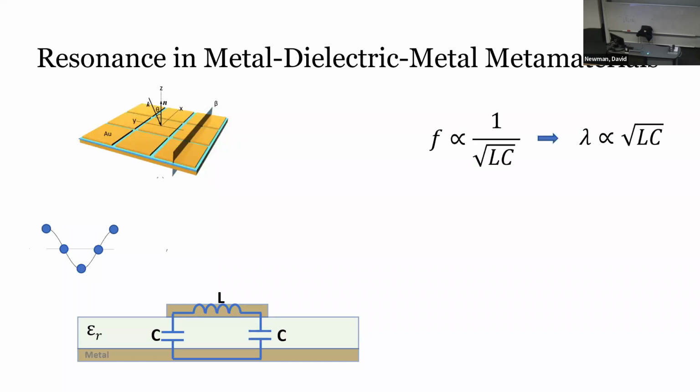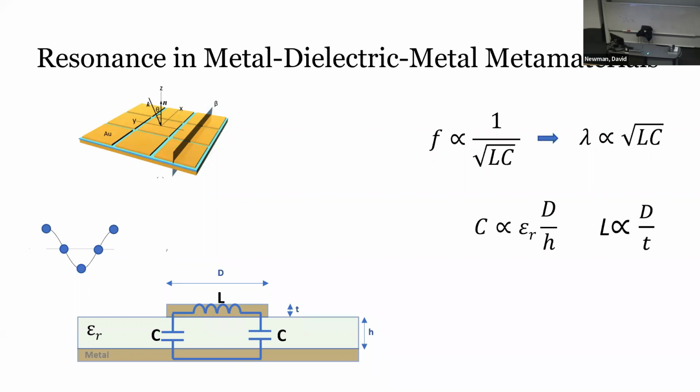The frequency of an LC circuit is 1 over 2 pi root LC. So the wavelength is roughly proportional to 1 over the square root of LC. The capacitance, when the material is behaving like a capacitor, is proportional to these geometric parameters and the permittivity of the material. When it's behaving like an inductor, the inductance is proportional to length and inversely proportional to thickness.